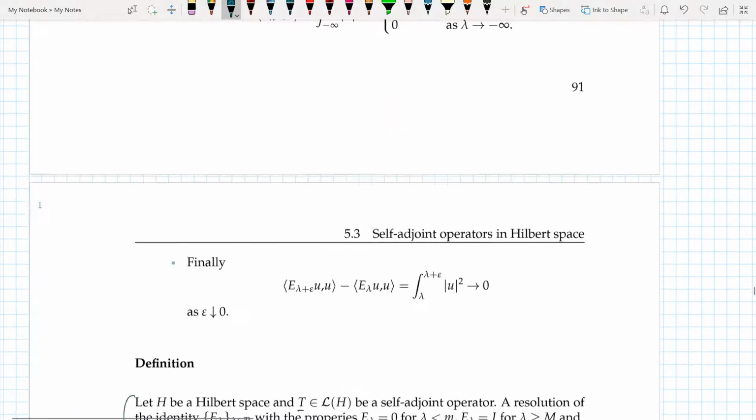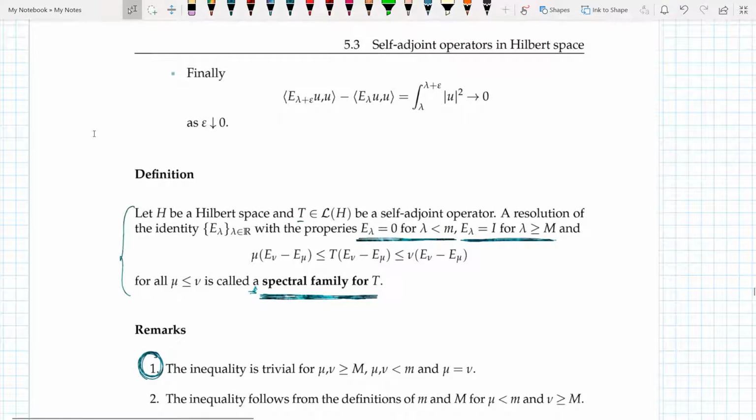Now the next addition to the concept is that when I have a Hilbert space and T is my self-adjoint operator, a resolution of the identity, which we just saw above, with the properties that E lambda equals 0 if lambda is less than m, and E lambda equals I for lambda greater than or equal to M, is called a spectral family for T. If you look above, there was no mention of T before.